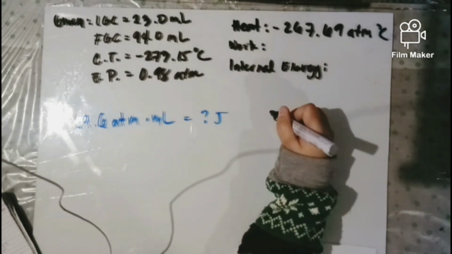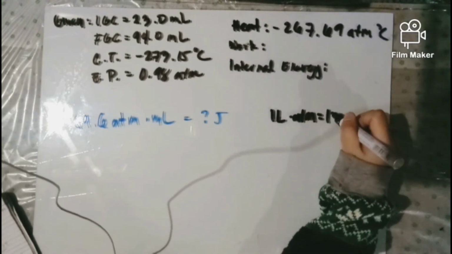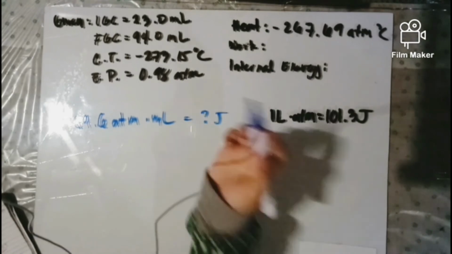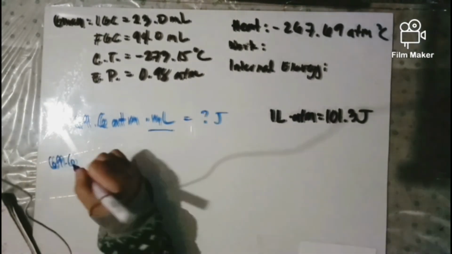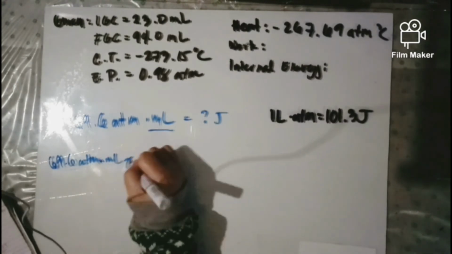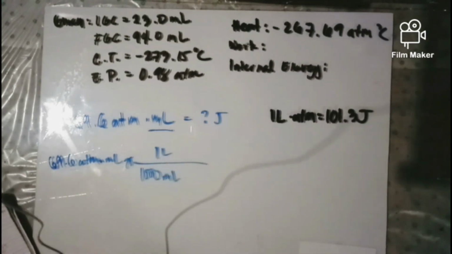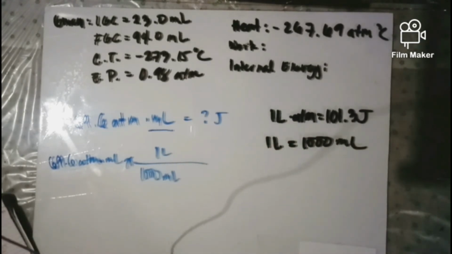Remember that 1 liter atmosphere is equal to 101.3 joules. To get the joules, we need to convert milliliter into liter. 69.6 atmosphere milliliter multiplied by 1 liter over 1,000 milliliter. Remember that 1 liter is equal to 1,000 milliliter.